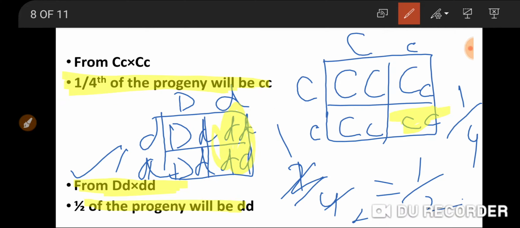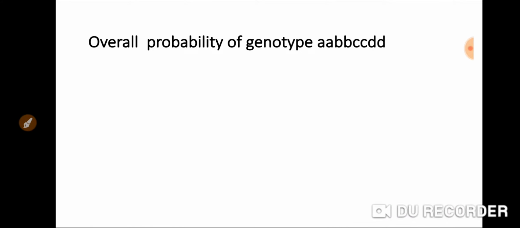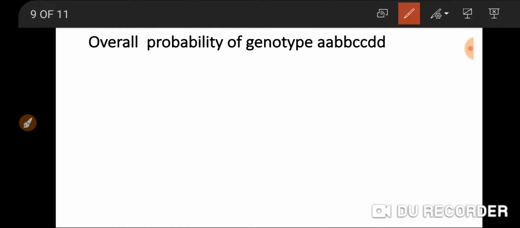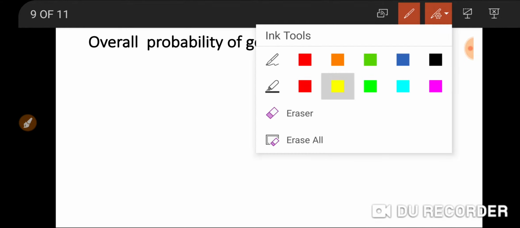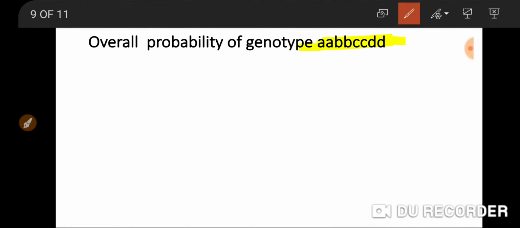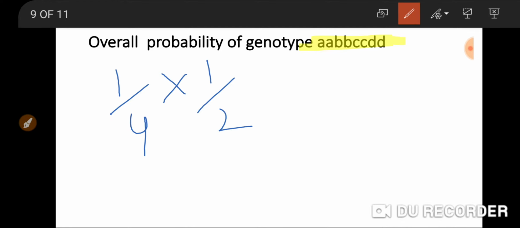And so therefore we can say the overall probability of the genotype small a, small b, small b, small c, small c, and small d, small d is, first, from the first cross we get the probability of 1 by 4, and from the second cross we get the probability of 1 by 2, and from the third cross we get the probability of 1 by 4, and from the fourth cross we get the probability of 1 by 2.